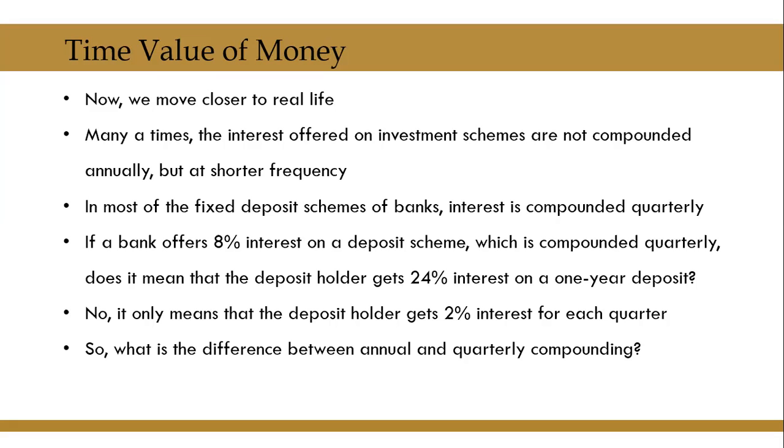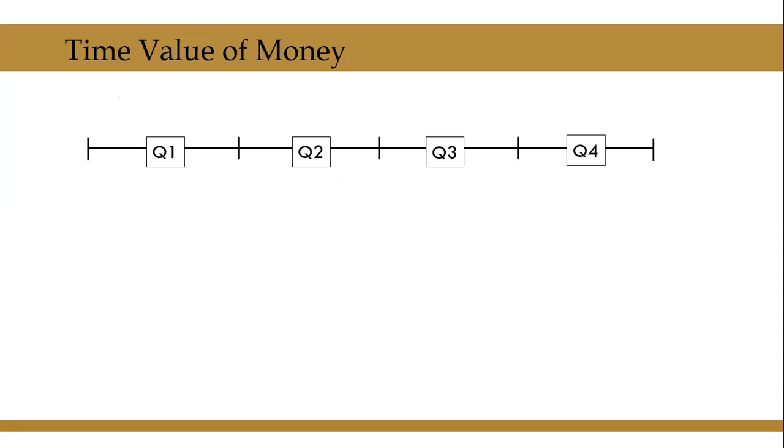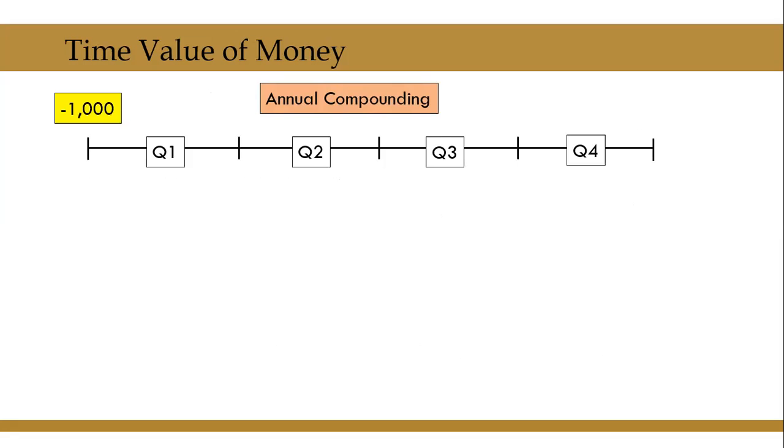But what is the difference between annual and quarterly compounding? Let us take one example and see. I have given the picture of 1 year here, which has been divided into 4 quarters, Q1, Q2, Q3, and Q4. Let us first look at example of annual compounding. Assume that you are investing 1000 rupees today and the interest rate is 8% per annum.